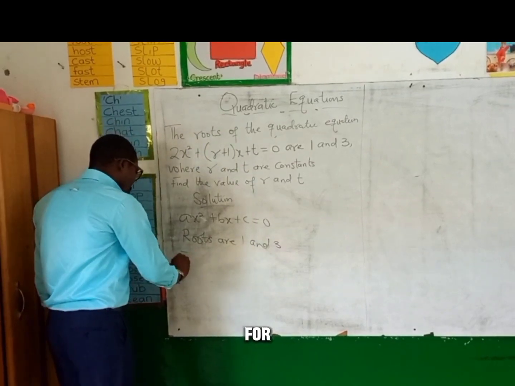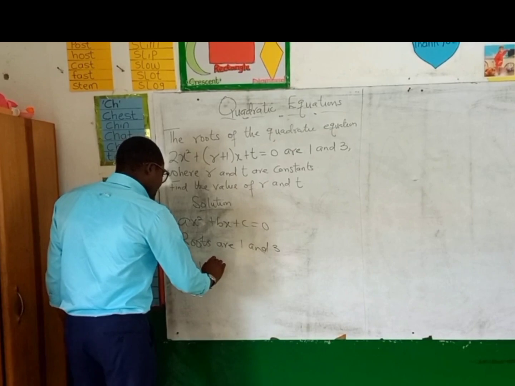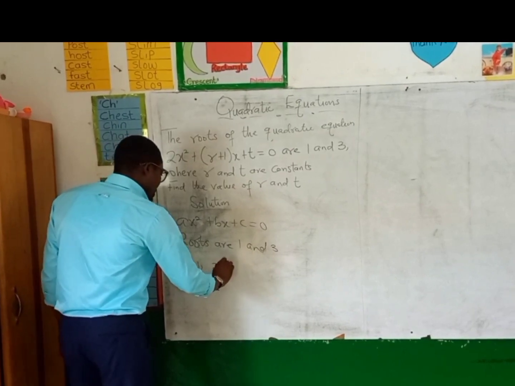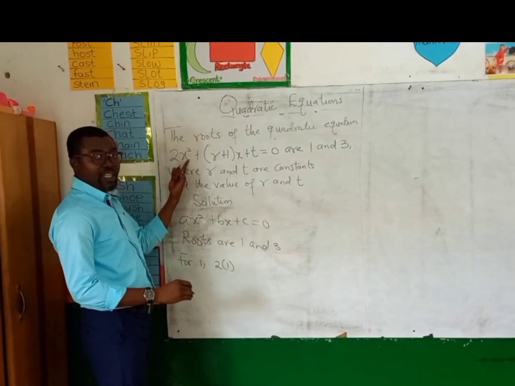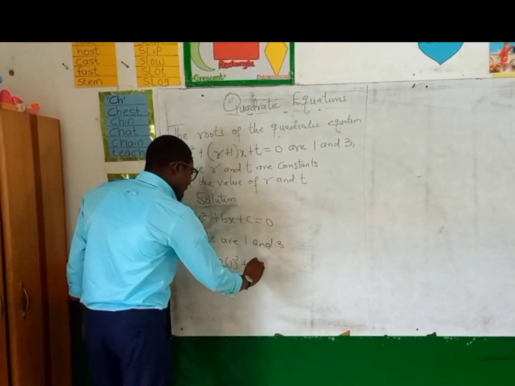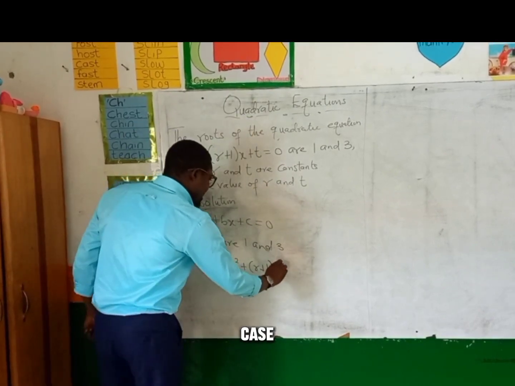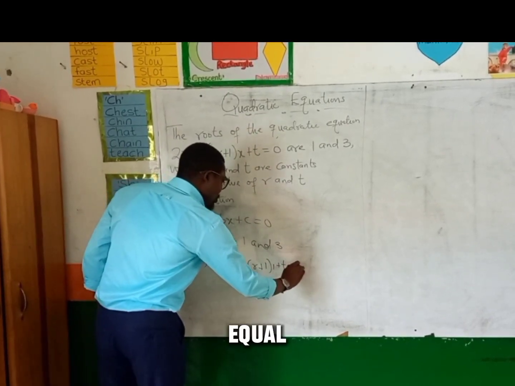So for 1, I'm now substituting 1 in place of x in the equation given to me. 2 times 1 squared plus (r plus 1), then my x is 1 in this case, plus t is equal to 0.